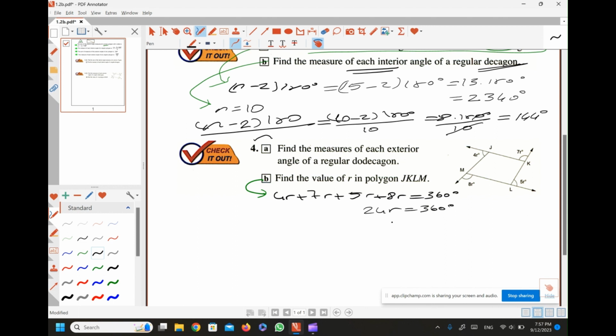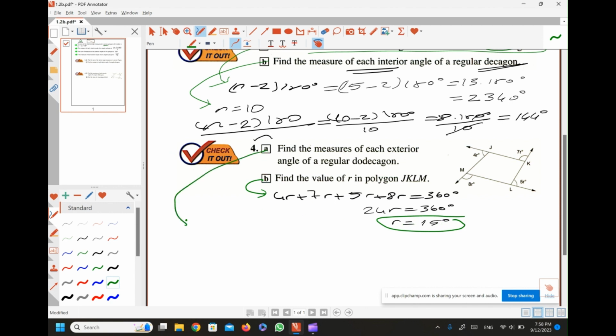Divide both sides by 24. r is going to be 15 degrees. So this is what question 4B is asking. It's asking about the value of r. It is 15 degrees. So we are done with part B.